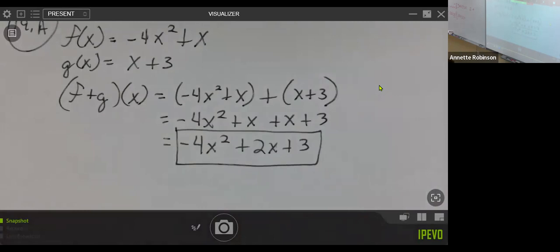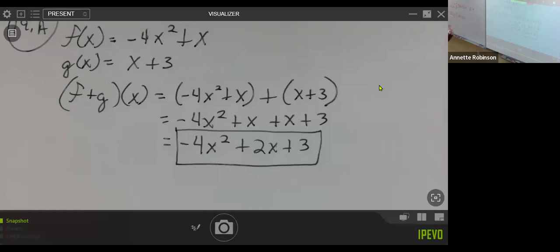Did either function have a square root in it? Which one has a square root? None, that's x squared. Folks, those are the only two things that keep you from combining. Otherwise, you can put whatever you want.